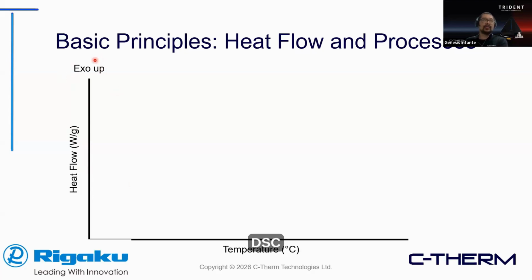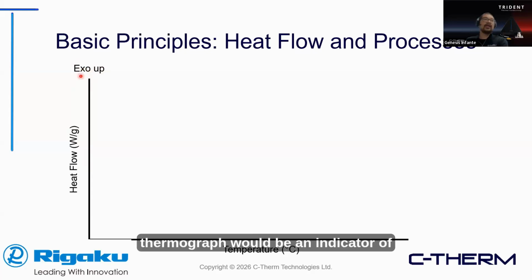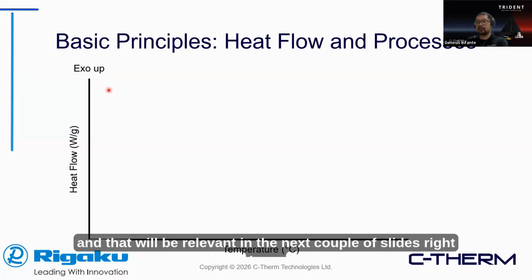Another typical DSC thermograph feature would be an indicator of whether up or down is exo or endo. So in this case, up means it's exothermic, and that will be relevant in the next couple of slides.